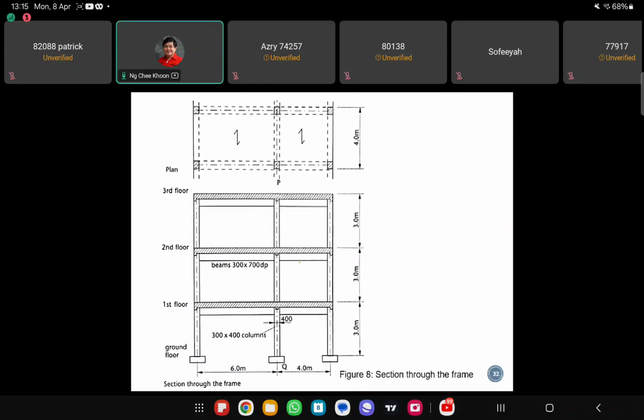So we will be designing this column here. If you want to design this column, then we have to make sure that our arrangement of load is giving this column the maximum axial load and also the maximum moment, right?